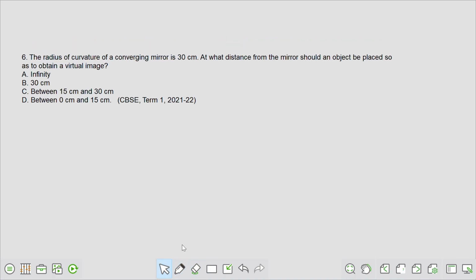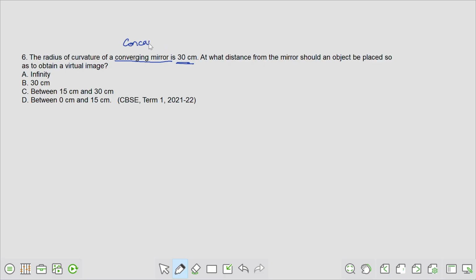The 6th question says the radius of curvature of a concave mirror is 30 centimeter. At what distance from the mirror should an object be placed so as to obtain a virtual image? Here we have the radius of curvature of a converging mirror. Which mirror is converging?